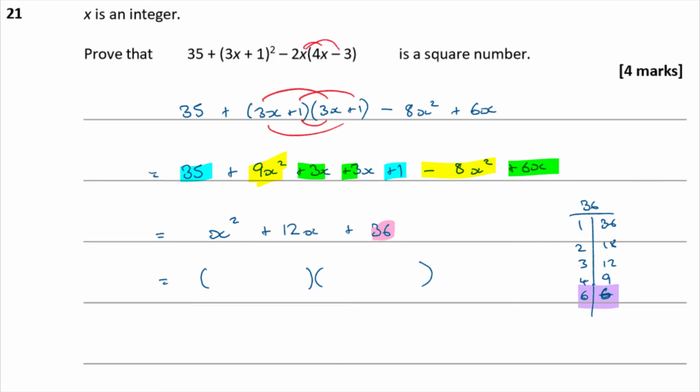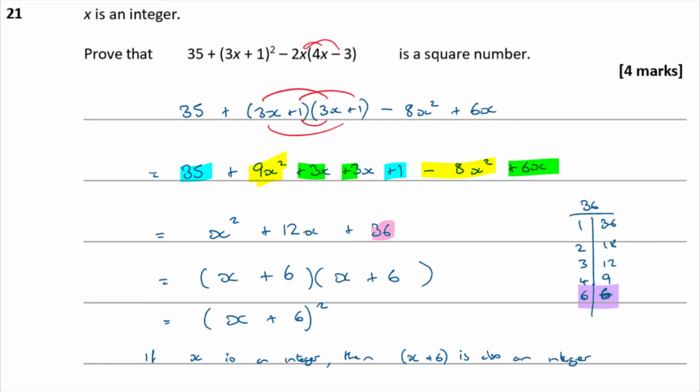So what I've got here then is x plus 6 times x plus 6. Okay, so I've got something times itself. Another way of writing that is x plus 6 all squared then, isn't it? So I've shown that that long complicated expression is just the same thing as x plus 6 all squared. So if x is an integer, then x plus 6 is also an integer.